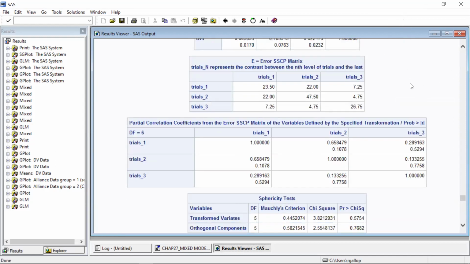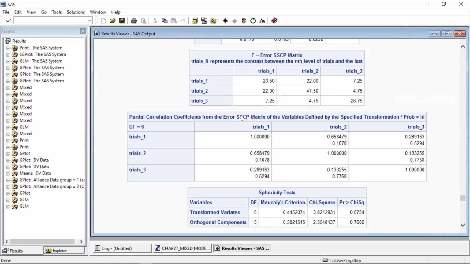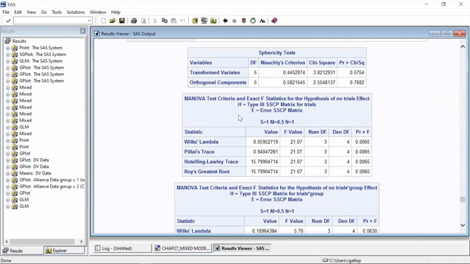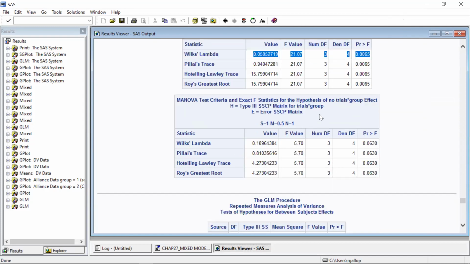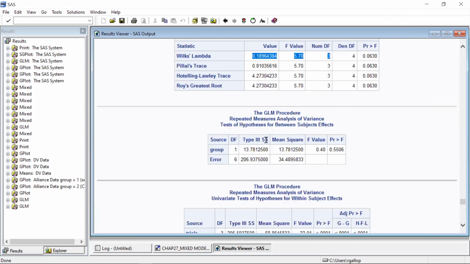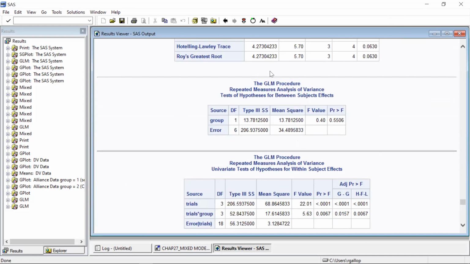In this case, this is looking at the new, more complicated variance estimate. This one's looking at the timing effect, highly significant. The time by group, a trend, and then the group effect, non-significant.